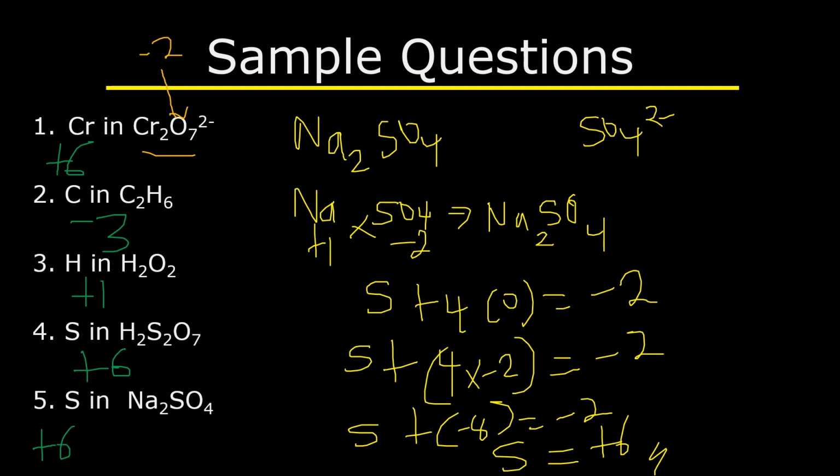Or you can deal with everything as if it were a neutral compound. So instead of focusing on just the polyatomic ion of sulfate, you could focus your attention on the whole compound as a whole. So let's try that one.